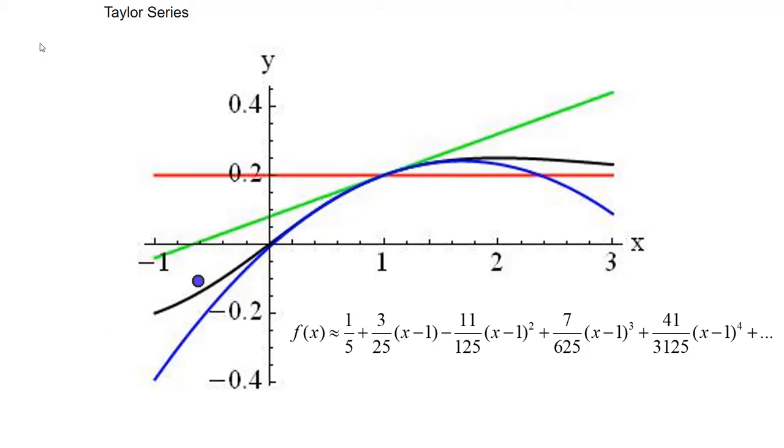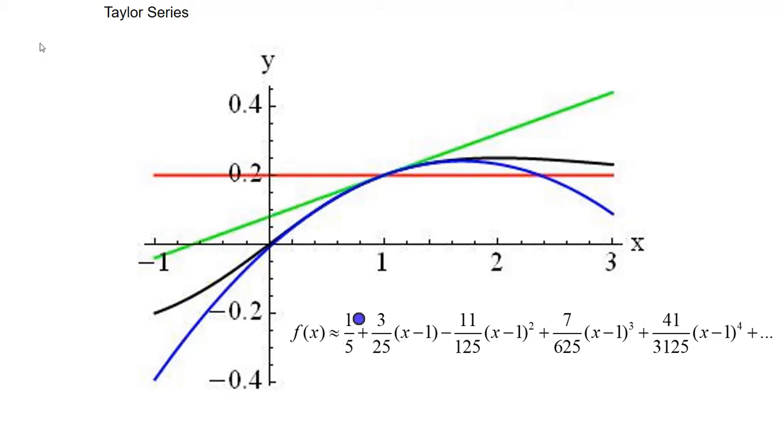x over 4 plus x squared. And here we have the first few Taylor series approximations. If we just take 1/5, this is what we have in red. It's equal to the function here, but it's not a particularly good approximation anywhere else. But it is a starting point.